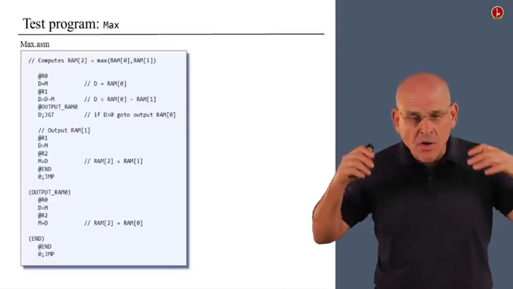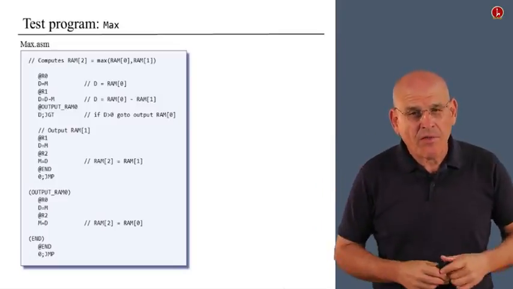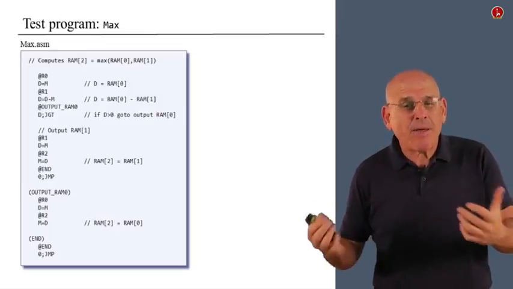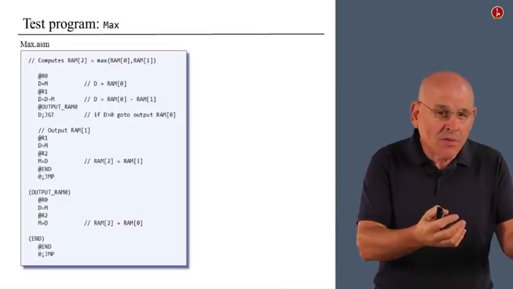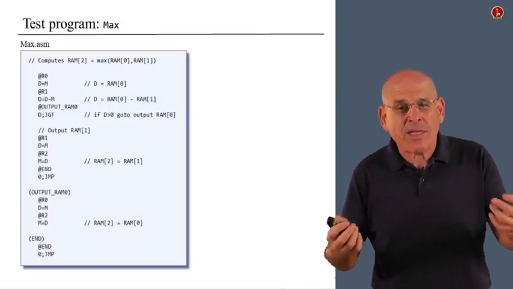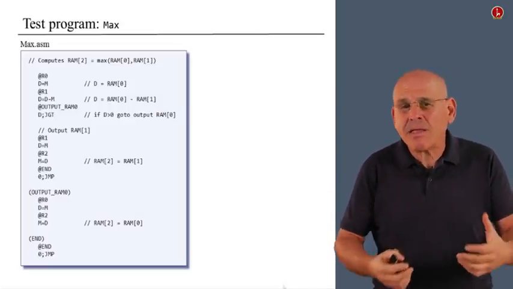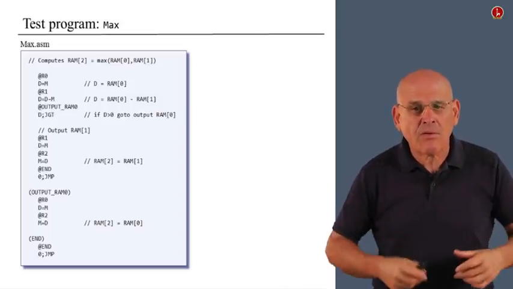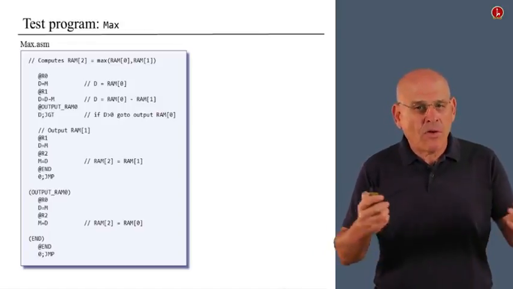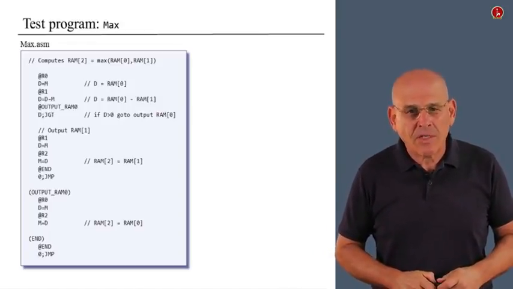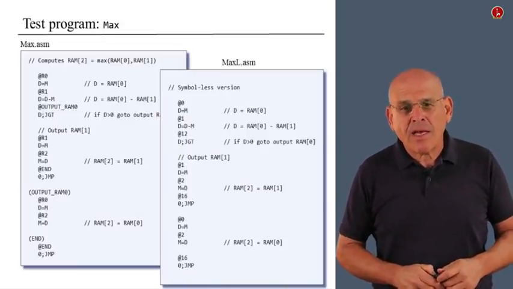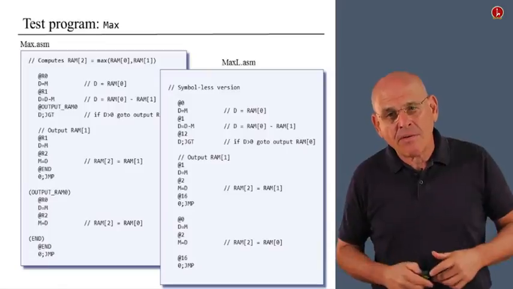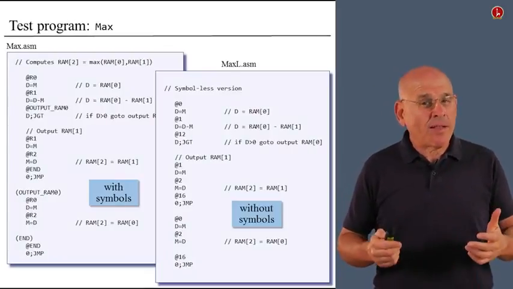This is really not interesting at all from a translator's perspective. The translator has no idea what the program is trying to do. The translator is interested only in the syntax, but I'm saying it because I wanted you to know what is going on here. So this is the Max program, and here is another version of this program without labels.